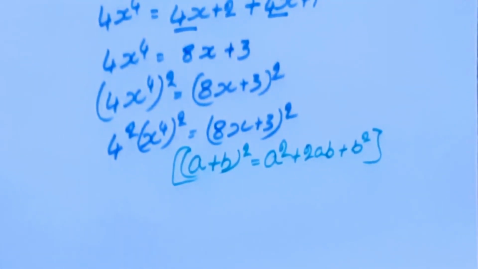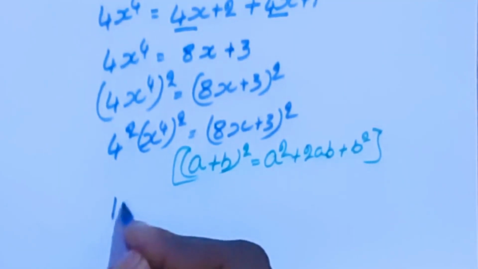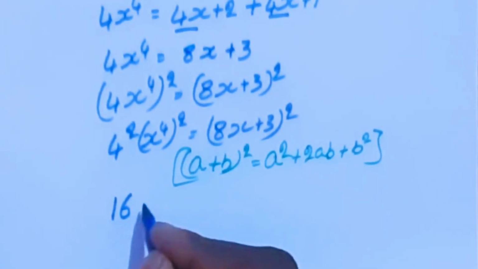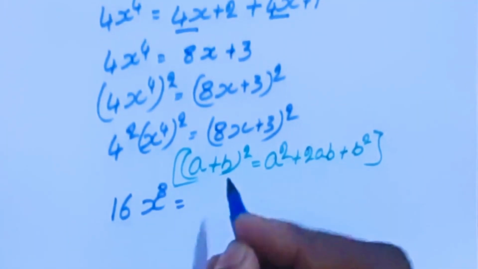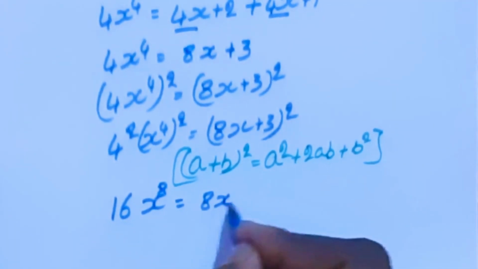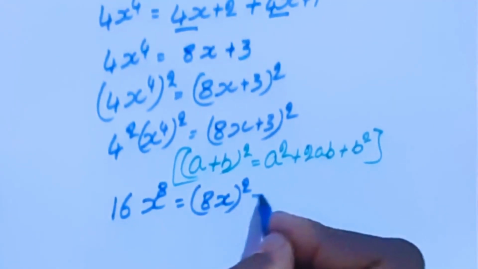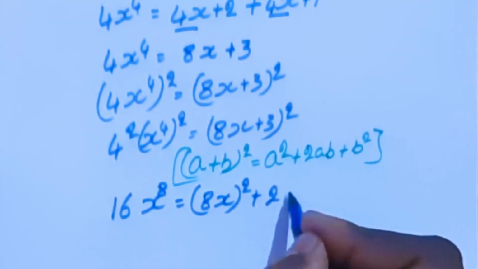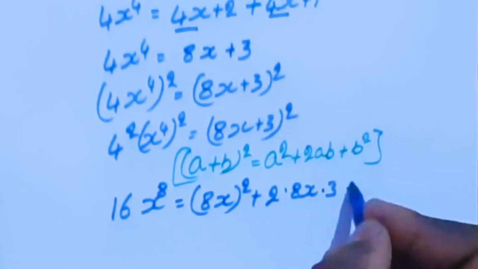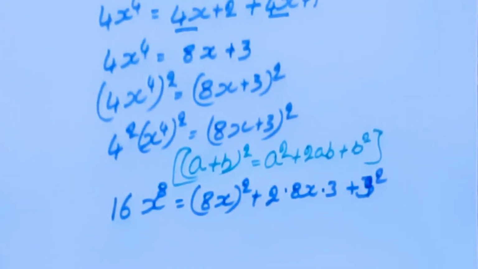So here it is 16. This is 4 times 2 is 8. So x to the power of 8 equal to, applying this formula here, so 8x square plus 2 times of 8x times of 3 plus 3 square.